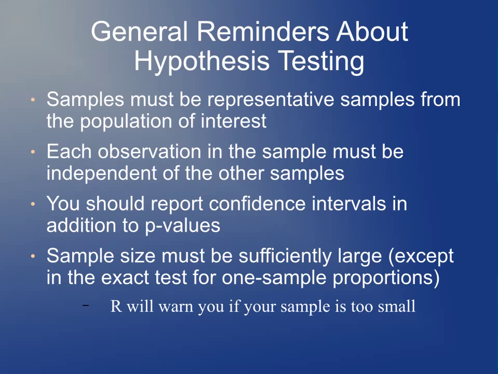And the sample size has to be sufficiently large for these approximations to be valid, except in the exact test for one sample proportions that I discussed earlier. R will give you a warning if your sample size is too small. Thankfully, R is smart enough to do that.